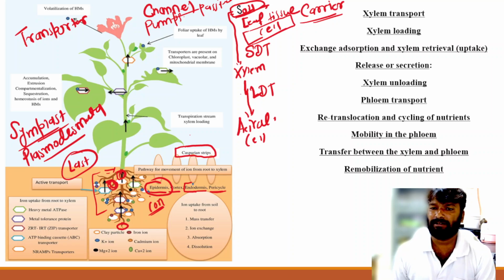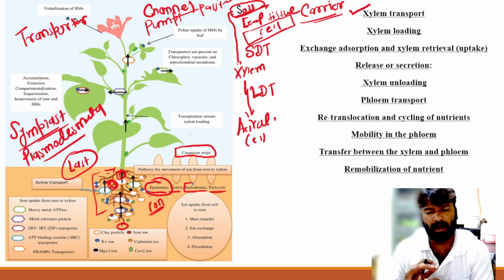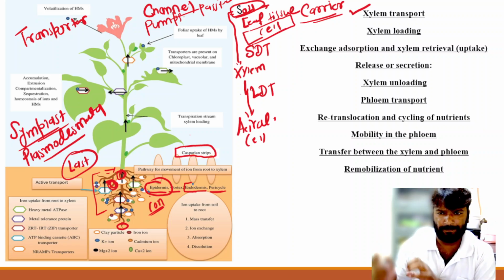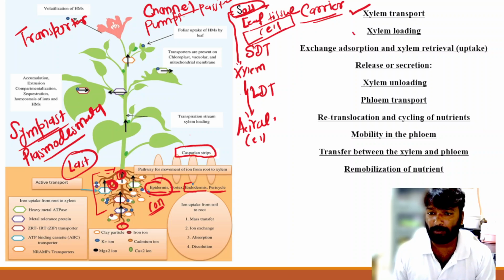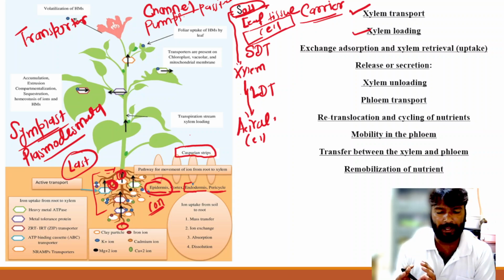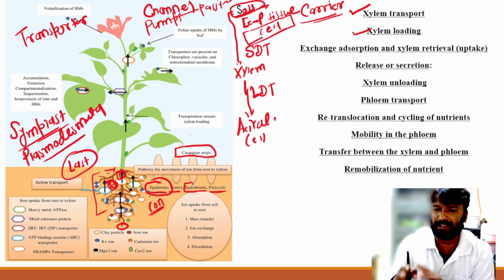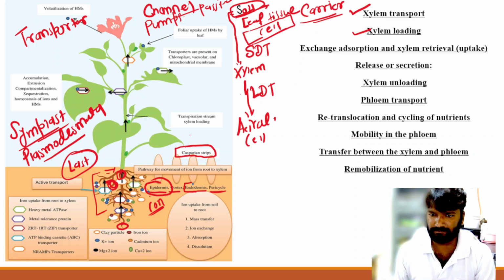Now in this lecture we will discuss the xylem transport, that is, how the nutrients are transported in the xylem. Then we will discuss xylem loading, that is, how the loading of nutrients takes place in the xylem.